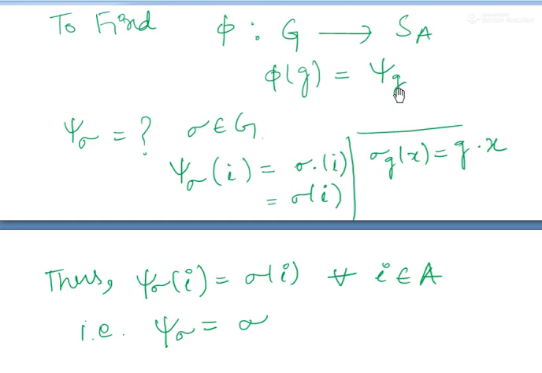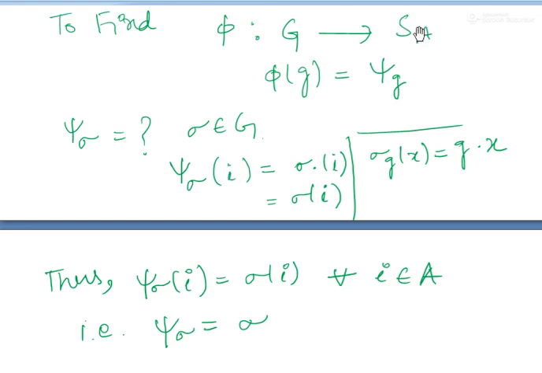So instead of writing psi g, I am writing psi sigma. So our question is this now: what is psi sigma for sigma belonging to the group G = Sn?